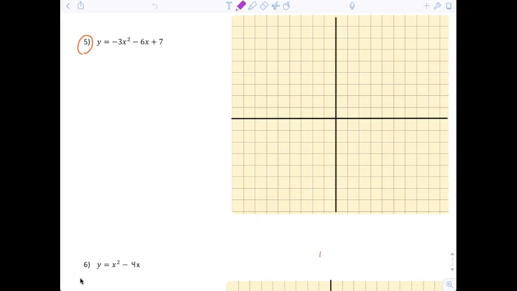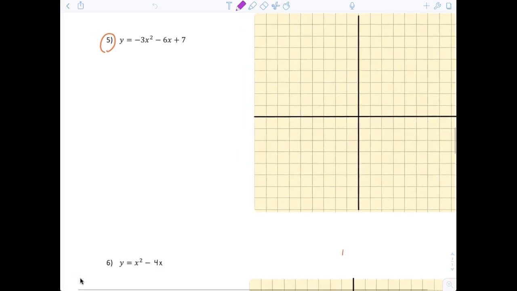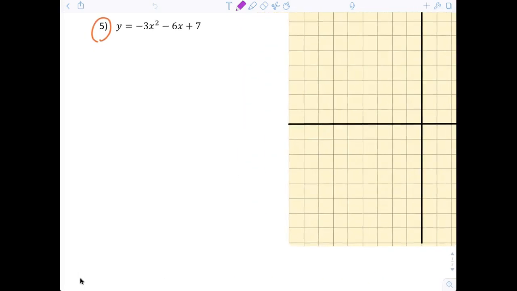All right, so let's go step by step. Again, this is how it should look on your paper. Step number 1, we're finding the axis of symmetry. To find the axis of symmetry, it is x equals negative b over 2a. Now, the problem here is there's lots of negatives, so I ask you to pay attention.